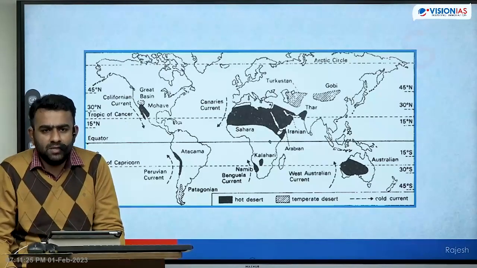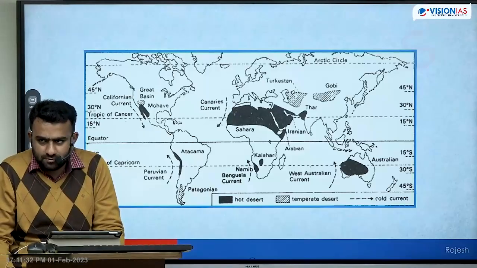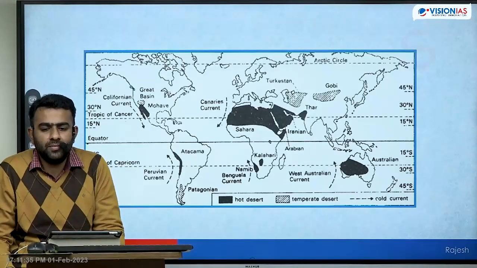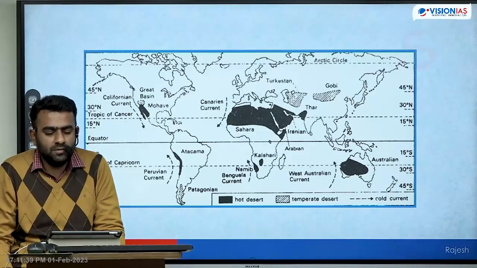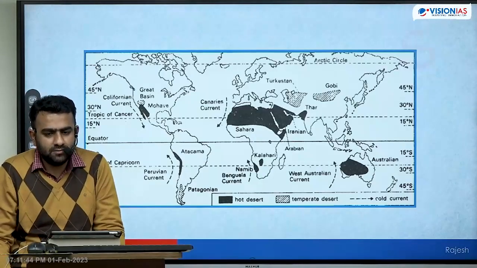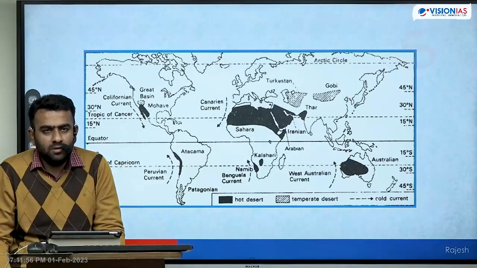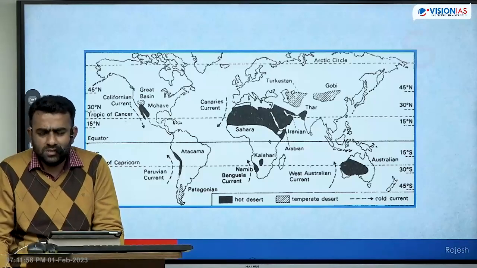Air subsides and there is no convection, no cloud formation, no precipitation. Second, offshore trade winds. Third, presence of cold ocean currents. So that is how deserts form.